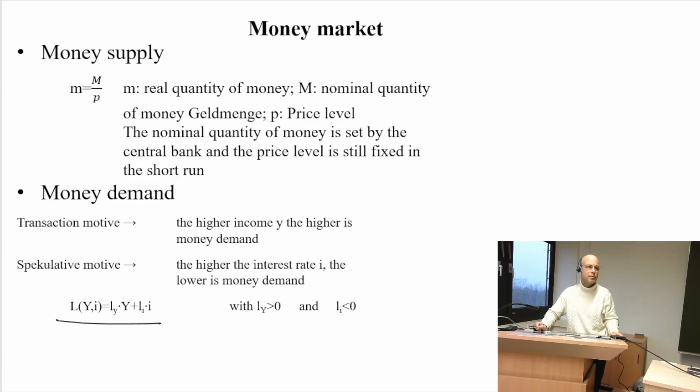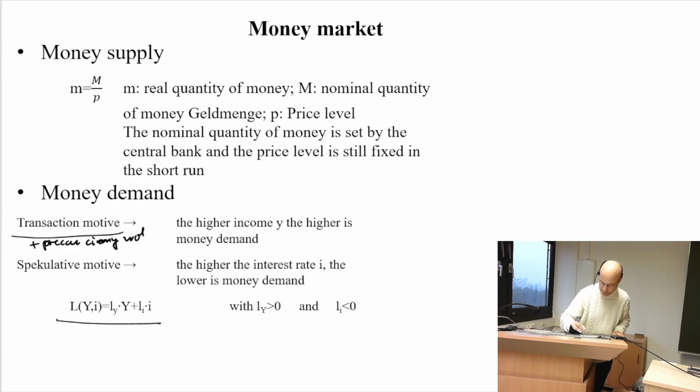Remember, when we talked in general about money, we deduced from the transaction motive and the precautionary motive a positive dependence on income, but also from the speculative motive, or opportunity costs, that we assume a negative dependence on interest rates.